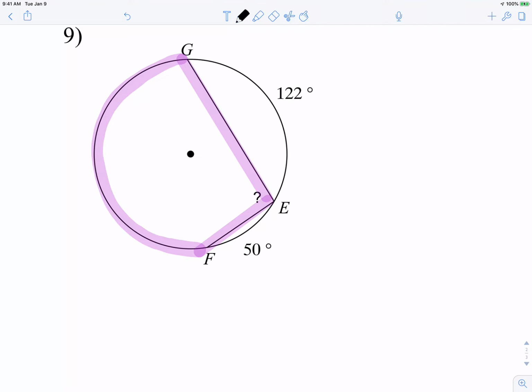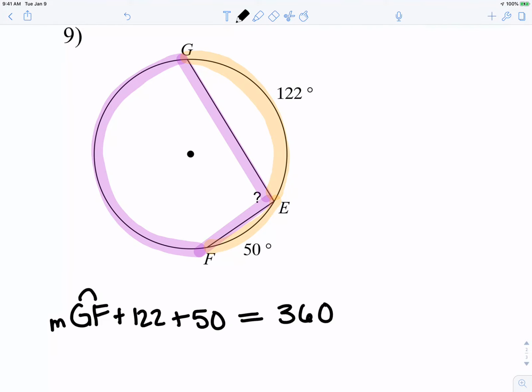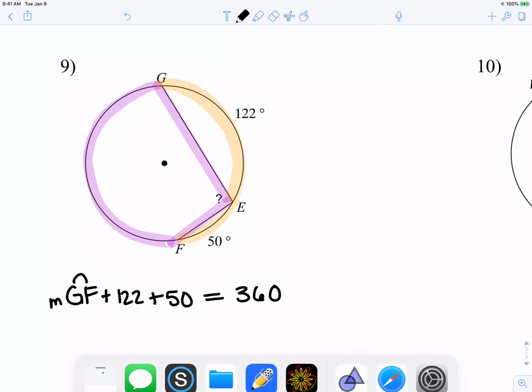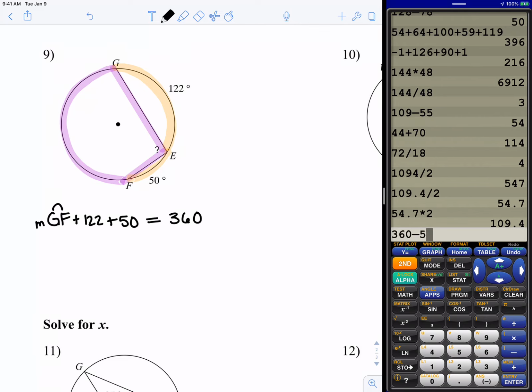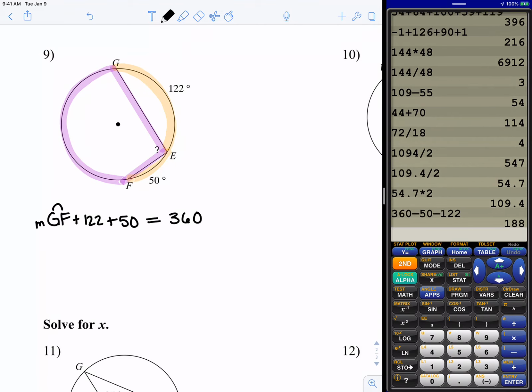But what I can notice is that if I add the measure of GF to the rest of the arcs, so that would be 122 and then 50 down here, I will have gone all the way around the circle. So I could say that equals 360 degrees. So if I subtract 50 and 122 from 360, then I'm left with 188. So the measure of GF is 188.